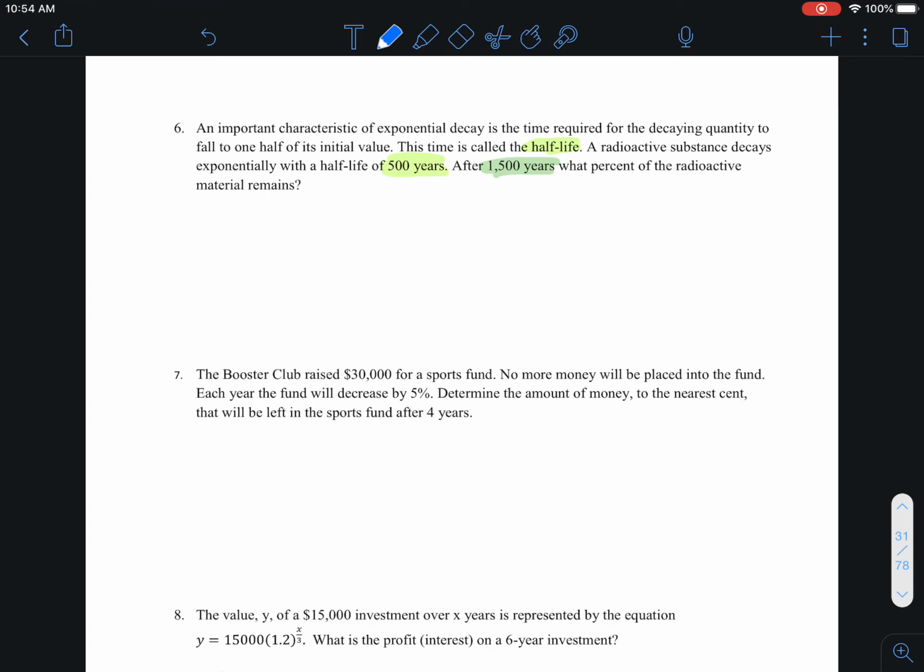So we're saying that 1,500 years have passed, and it takes 500 years for a half-life. So how many half-lives have passed in this time?